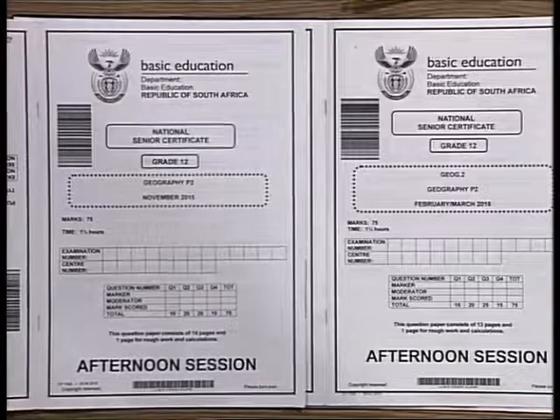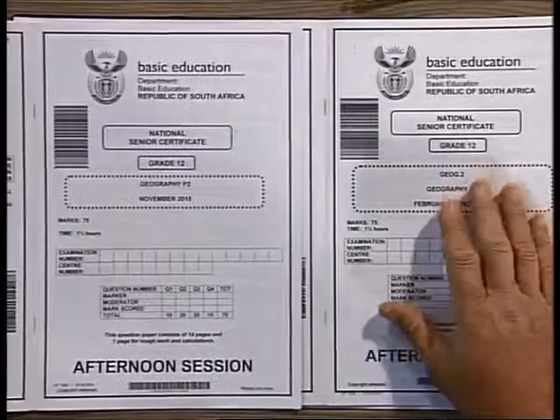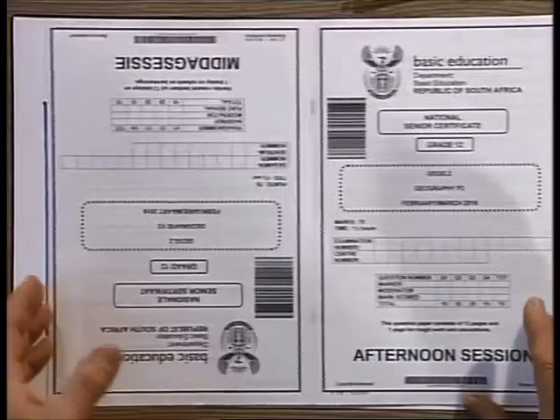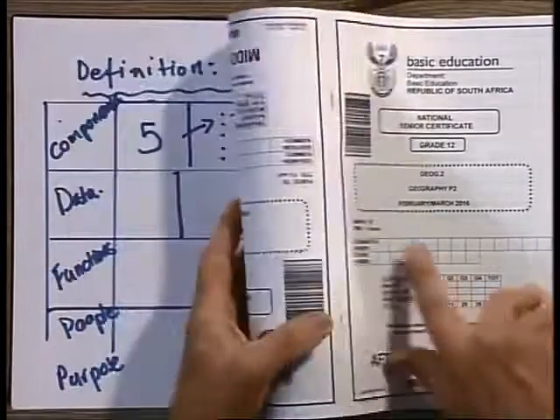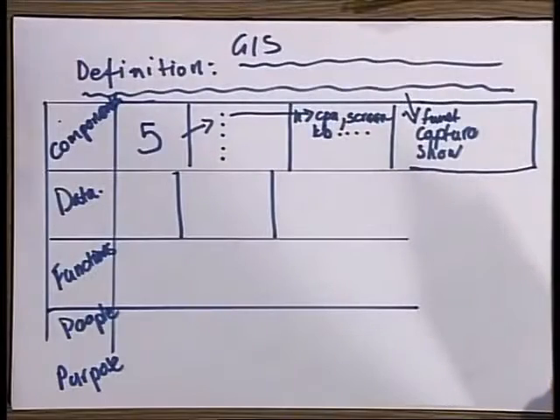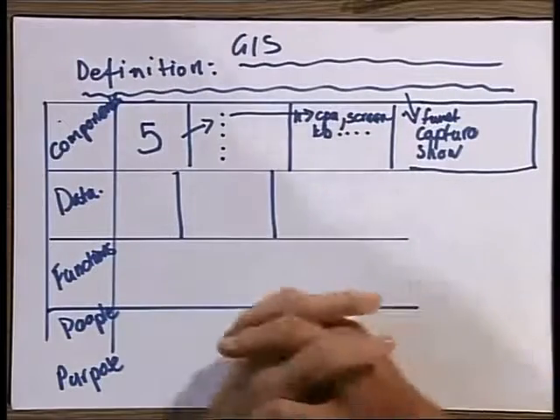So what we're going to do is I'm going to deal first of all with the last year November paper, because that's the one that's I think the most available to everyone, and also on the internet, on the WCED website, and in the Gauteng Department of Education website, you'll be able to get all these question papers.